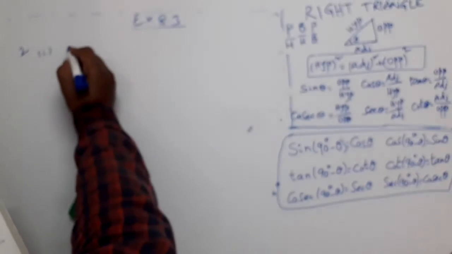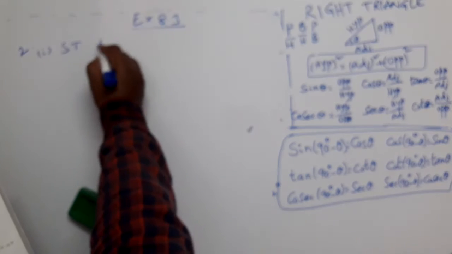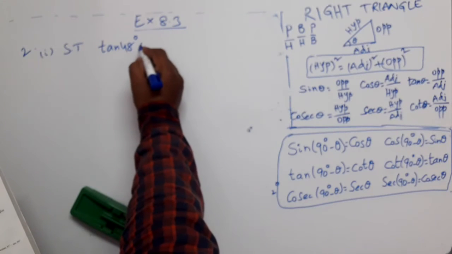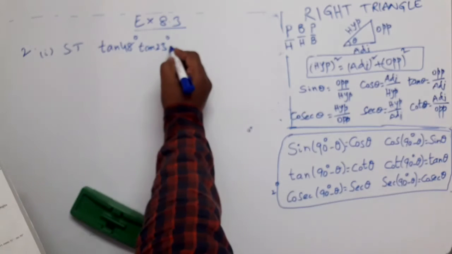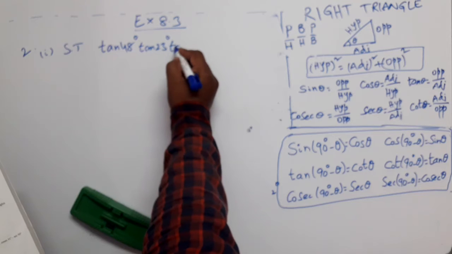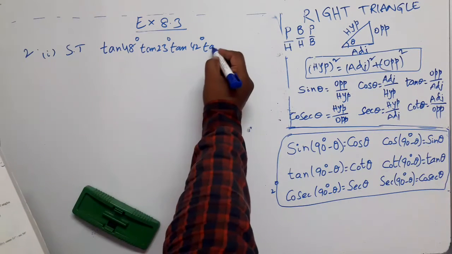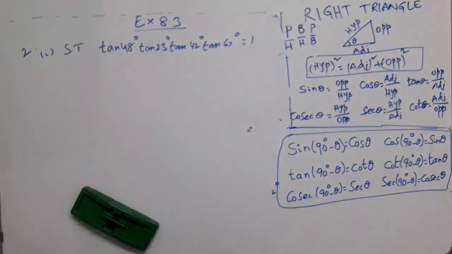First part, show that tan 48 degrees multiplied by tan 23 degrees multiplied by tan 42 degrees multiplied by tan 67 degrees is equal to 1. That is the question given. You are supposed to prove this.